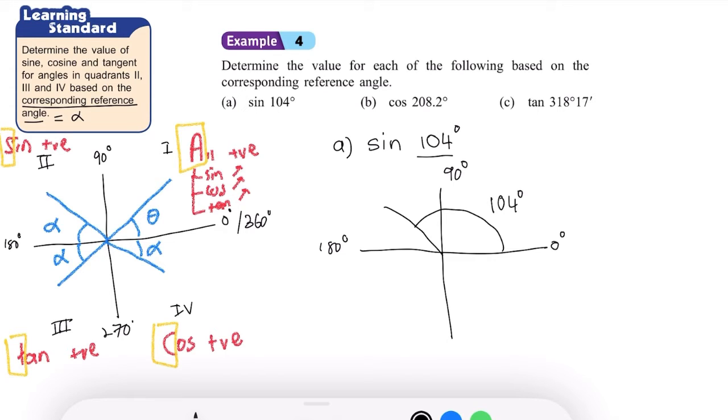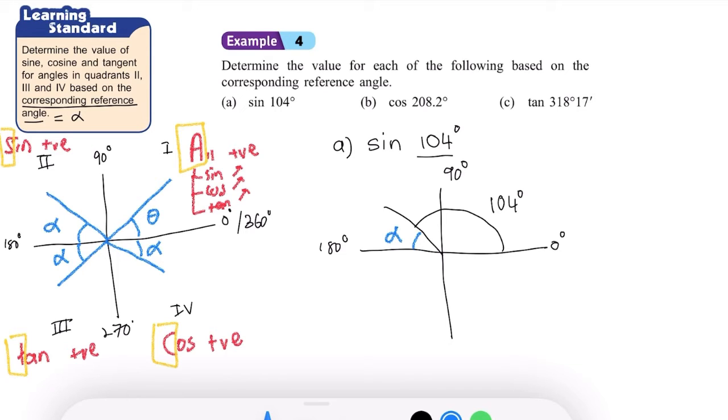It is less than 180 degree, but more than 90 degree. So the corresponding reference angle is here. That is our first step, to draw 104 degree and to decide where is our corresponding reference angle.